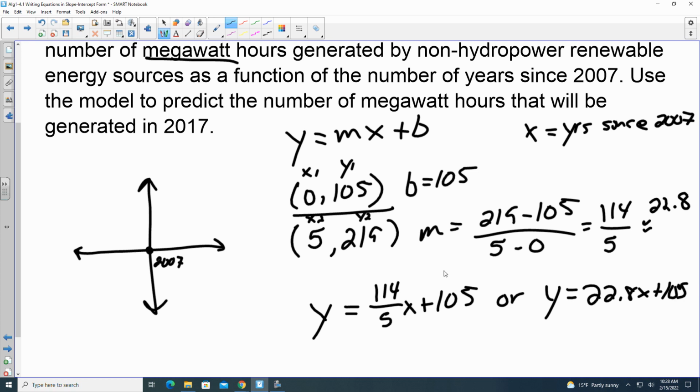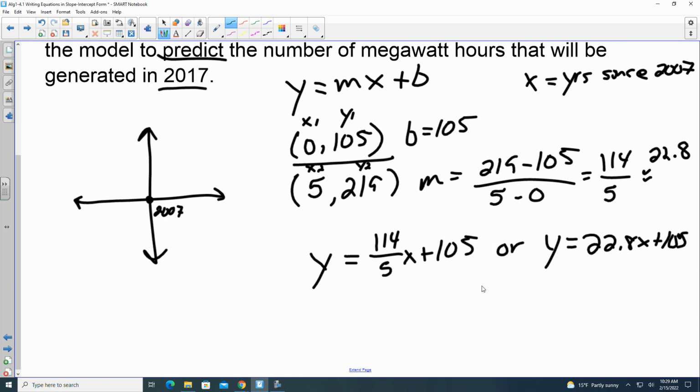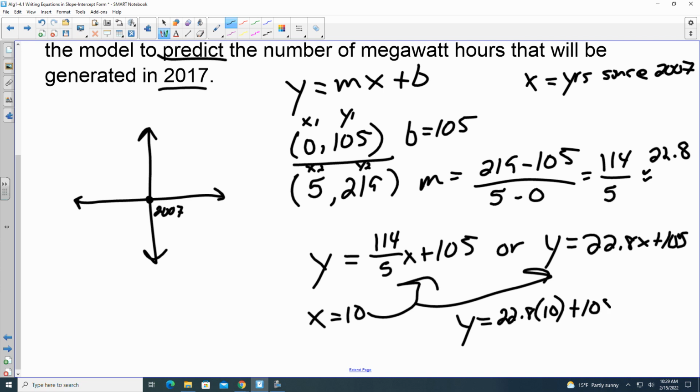Either one. And then they ask for one piece of information. They're asking us to predict the number of megawatt hours that will be generated in 2017. So 2017 minus 2007 gets you 10 years. So essentially you are going to say x is going to be equal to 10 and you're going to plug it into one of these two formulas to get a prediction. So we can say that y is going to be equal to 22.8 times 10 plus 105.